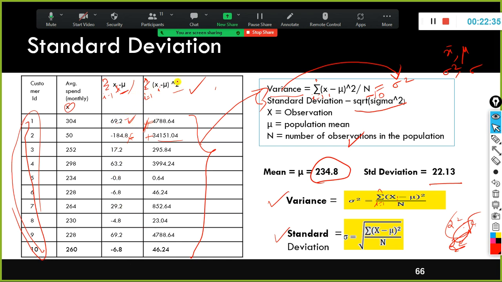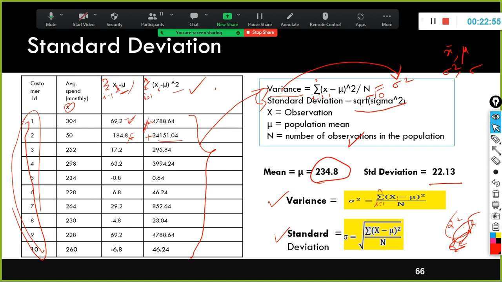To overcome this, I need to square each and every value. Okay, so now you understood. It is pretty simple to compute the standard deviation.